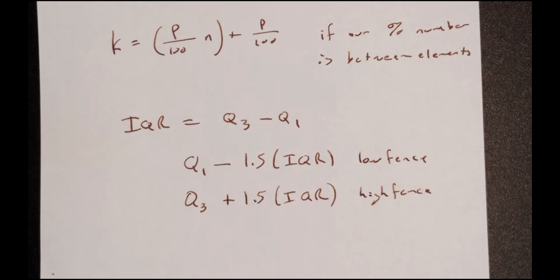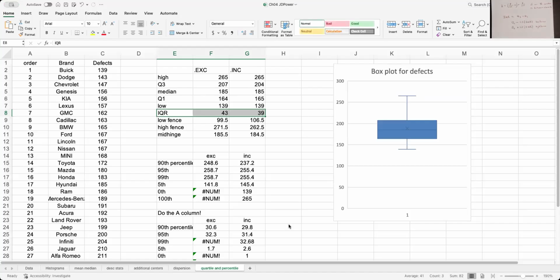And again, if we go back and look at that JD Power spreadsheet, we see the fences are labeled. Notice the high on my data set is 265. What's the high fence?